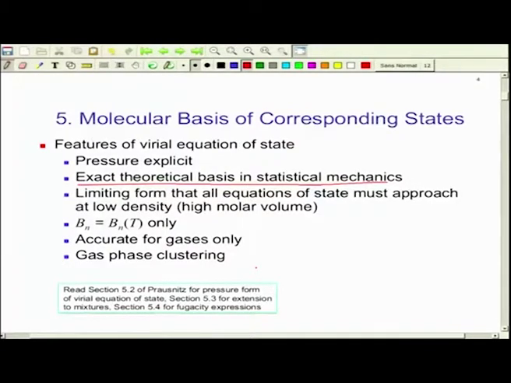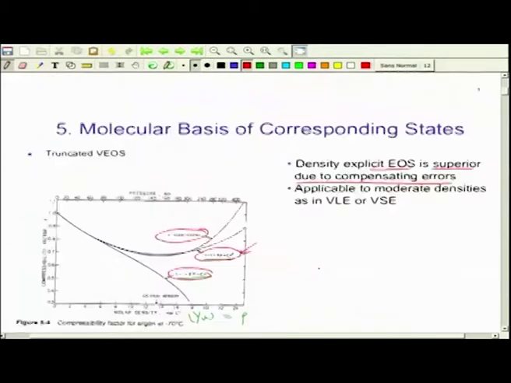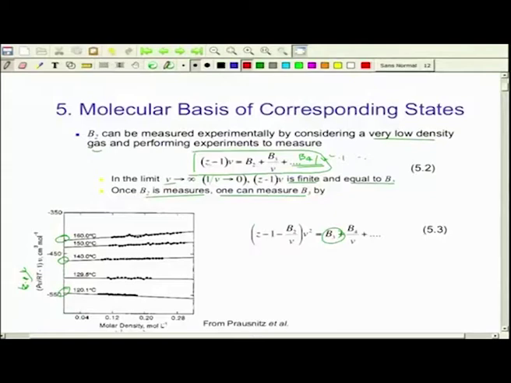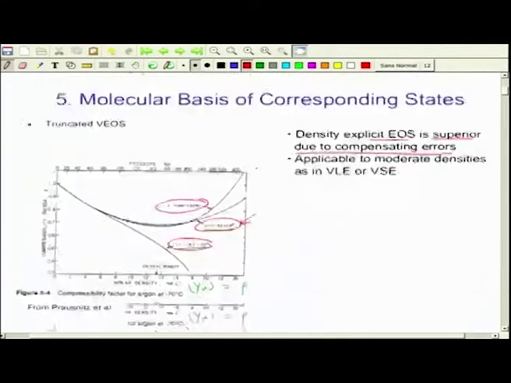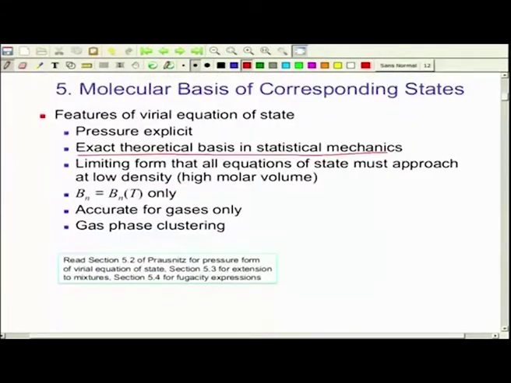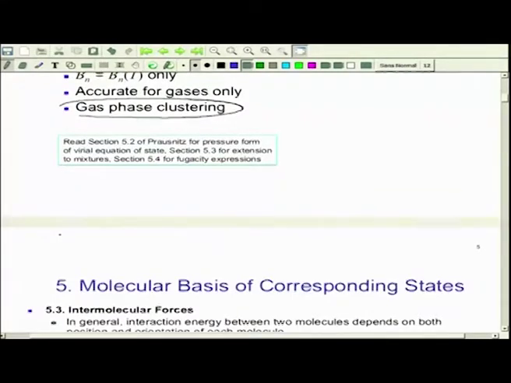When 1 by V goes to 0, the first term is exact, and all equations must approach that. The other important thing is that the virial coefficient only depends on temperature. This is very accurate for gas only, and it can address gas phase clustering, so you can try to explain that as well.